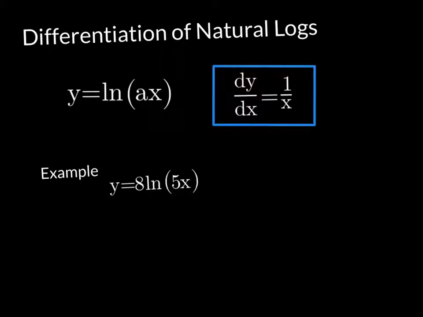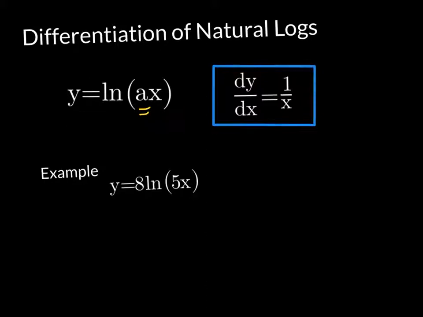So if we have a function y is equal to the natural log ln of ax, so again a is just some arbitrary constant, some coefficient of x, then dy by dx is actually just equal to 1 over x, okay? So it doesn't actually matter what the value of a is here. It will essentially disappear in the differential.